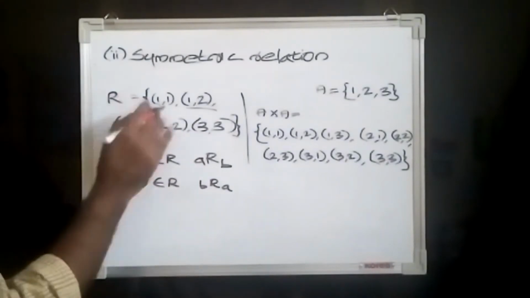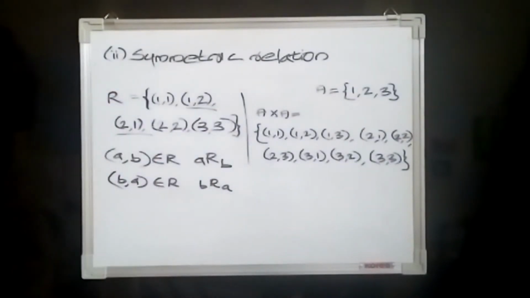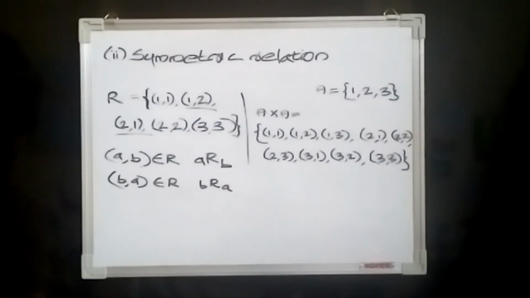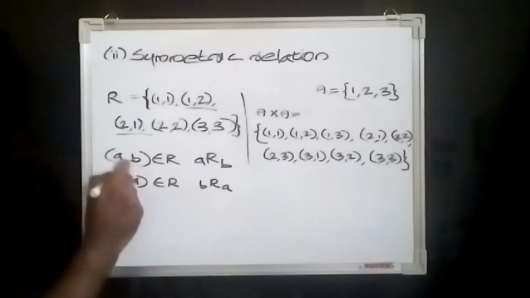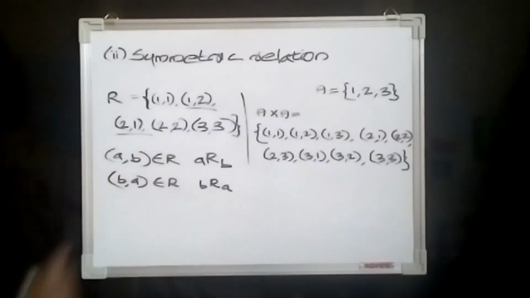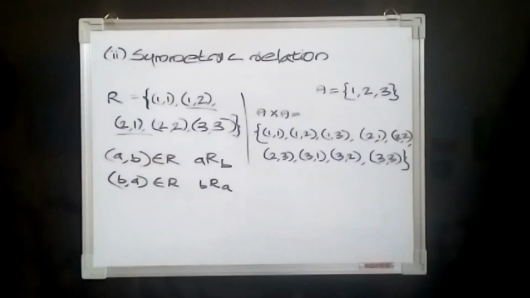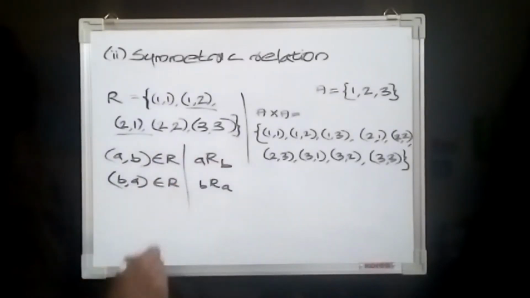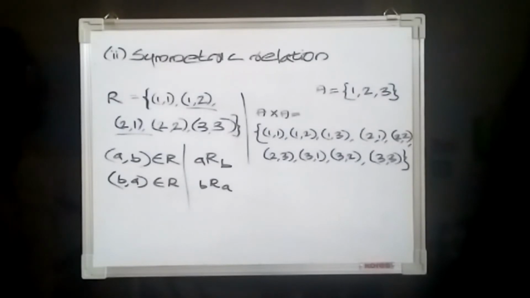Thus, the relation R is a symmetric relation also. Let us come to the formal definition. Whenever (A, B) is an element of R, then if (B, A) is also an element of R, it is a symmetric relation. That is, whenever A is related to B, then B is related to A also, then it is a symmetric relation.